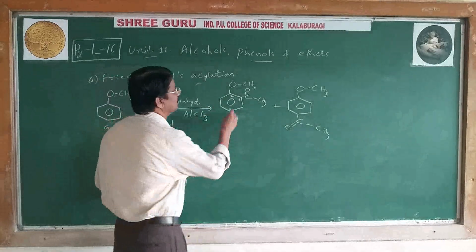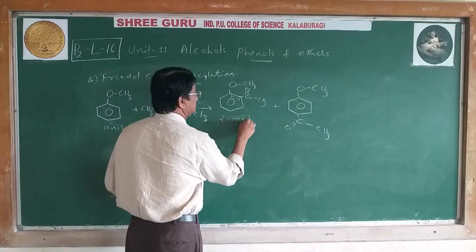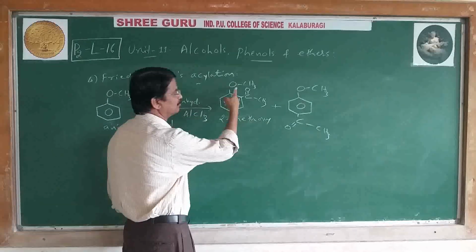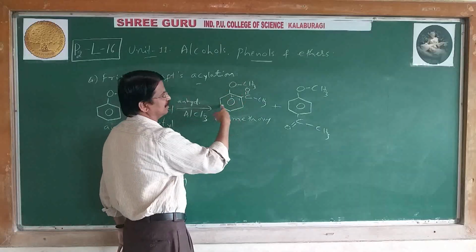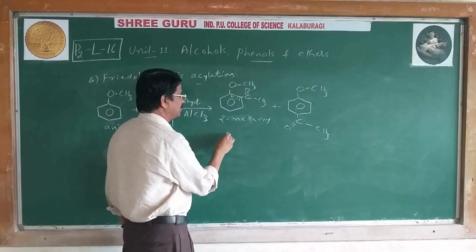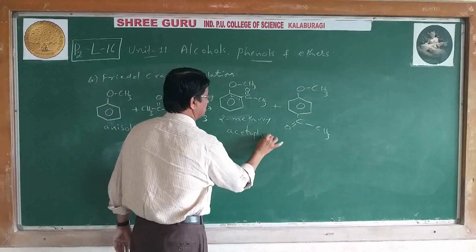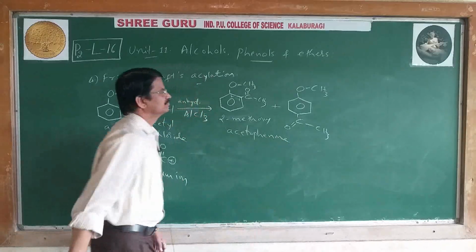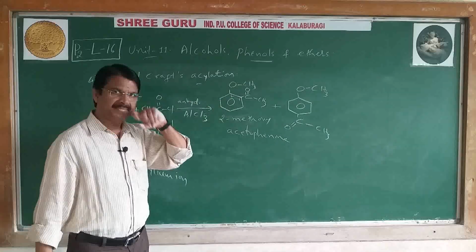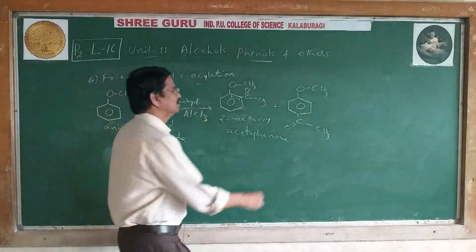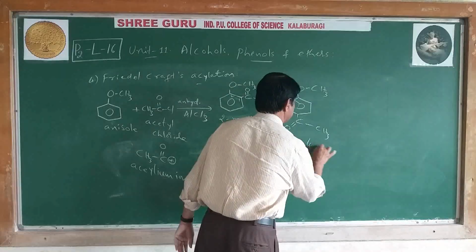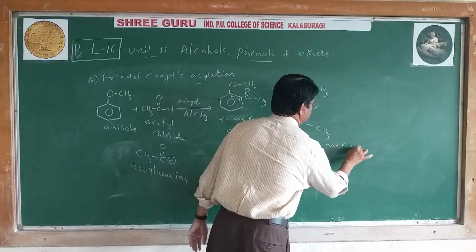again number one is given to the CO group. Next, 2-methoxy. This compound, with 2-methoxy and the ring COCH3, is named acetophenone. 2-methoxyacetophenone. And this one, 4-methoxy.